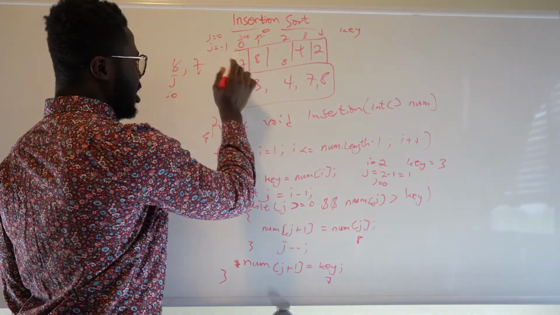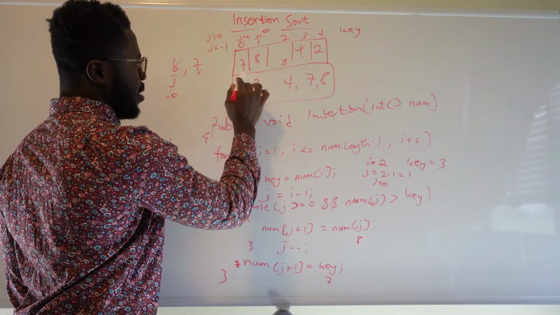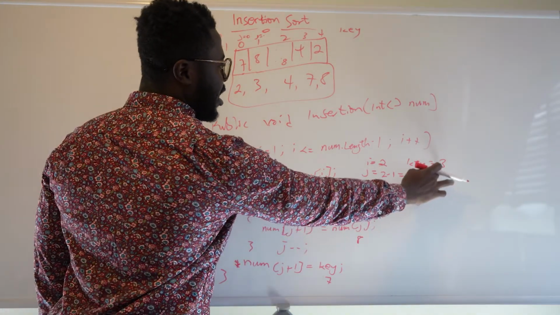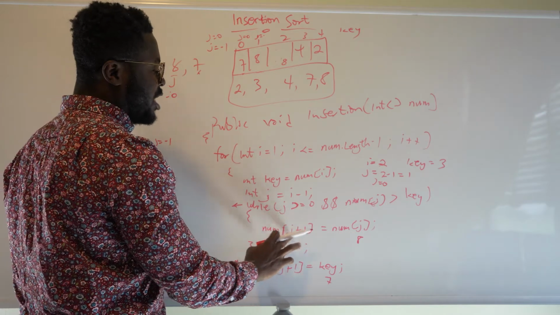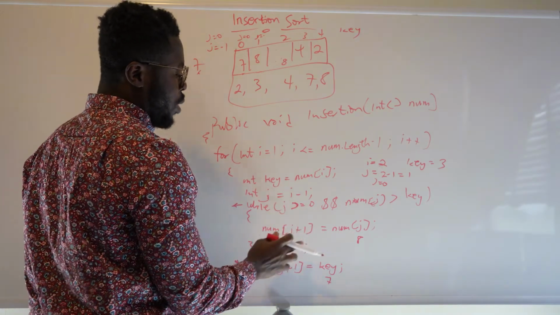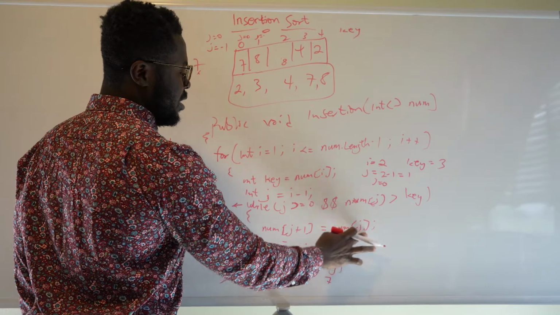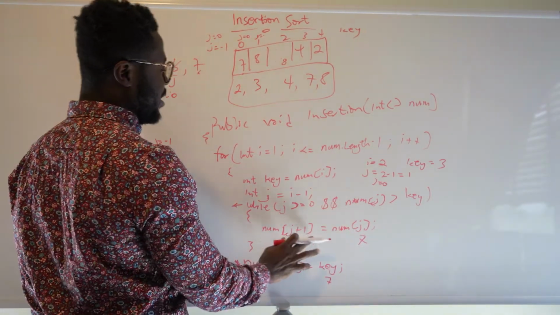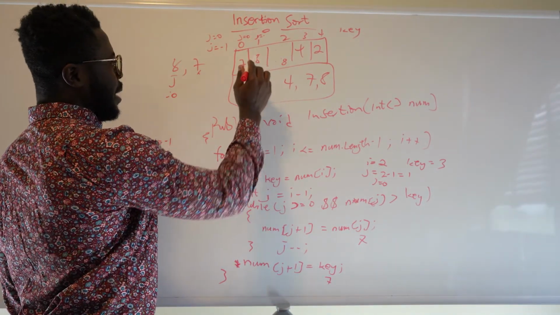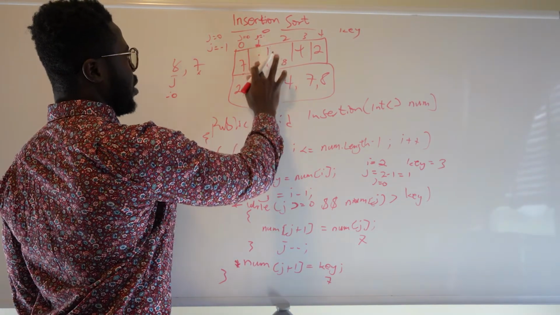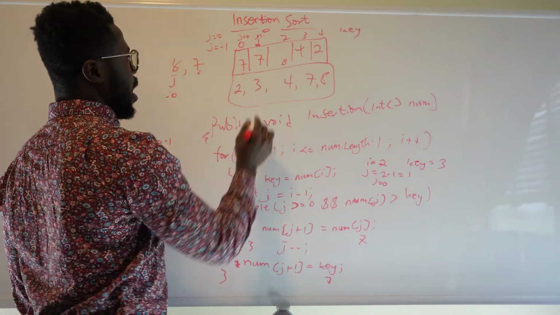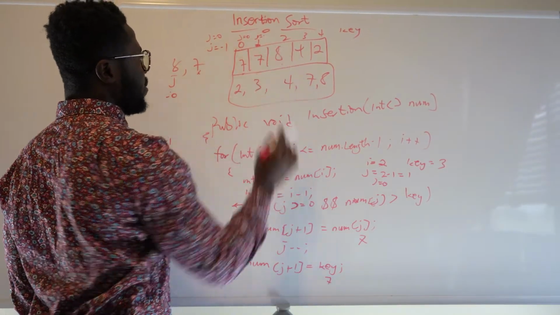Num at 0 is 7, right? And 7 is greater than key, which is 3. We come here and assign the value at num at j, which is 7, to num at j plus 1. So num at j plus 1 is num at index 1. Then we put in 7, right? And we have 8 here.